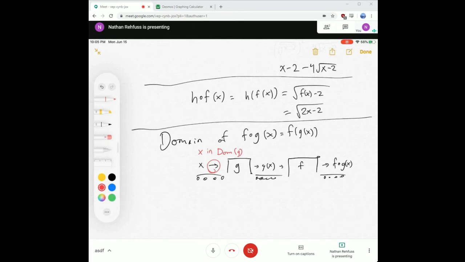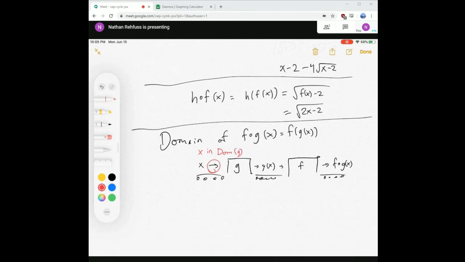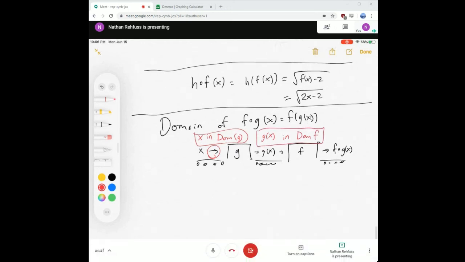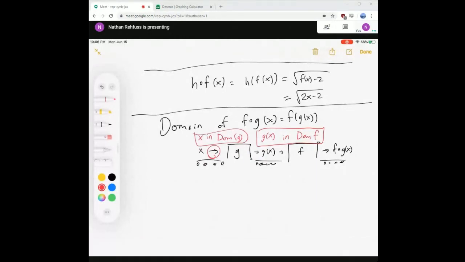So what that's telling us is that g of x, this expression, must be in the domain of f. So those are my two rules. It's easier to remember if you draw the picture. First, to be able to plug x into g of x, then I have to be able to plug that whole thing into f. So this is pretty tricky.